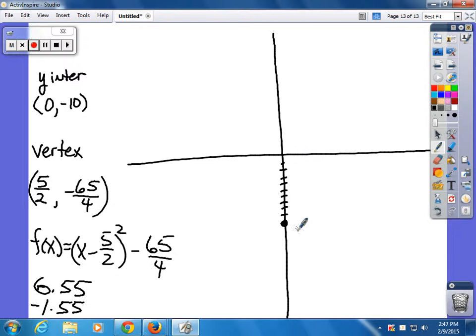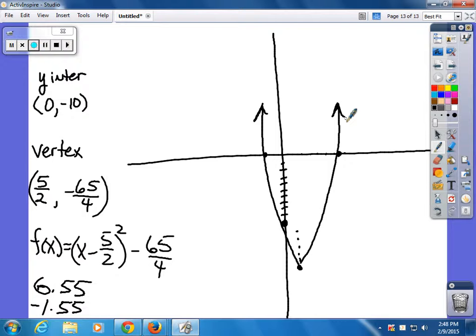That's 10, 11, 12, 13, 14, 15, 16. That's good enough for government work. And then negative 1.55. 1, 2, 3, 4, 5, 6, 7. Well, pretty much lines up, even if you don't use graph paper, it should line up.